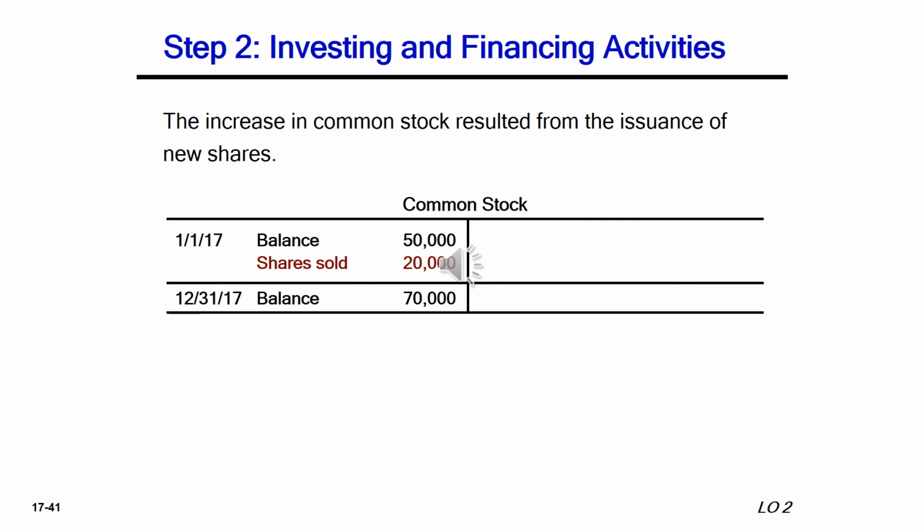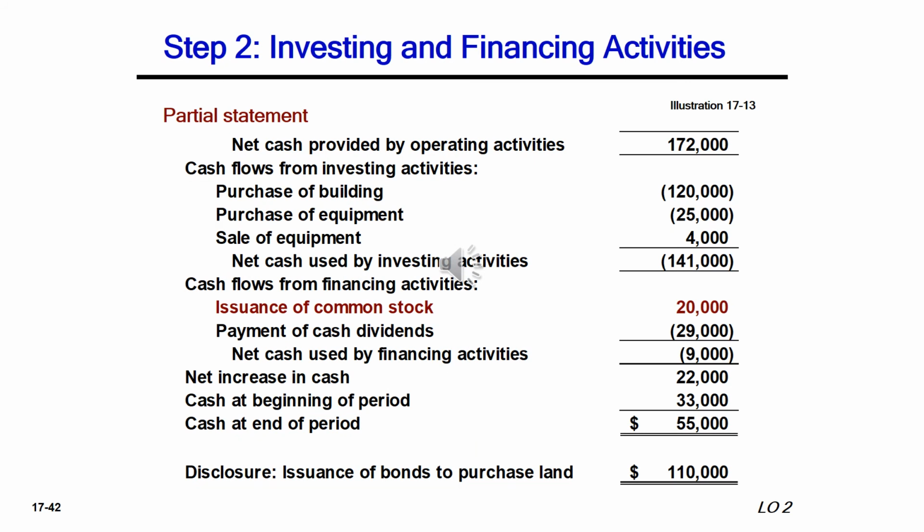So that would be added to the financing activities section, right? Let's see how this is done in the following slide. As you can see right here on the cash flows from financing activities, we have a line in red that states issuance of common stock of $20,000.